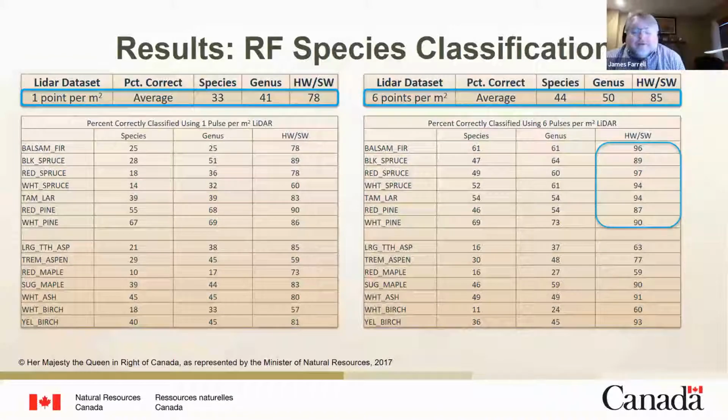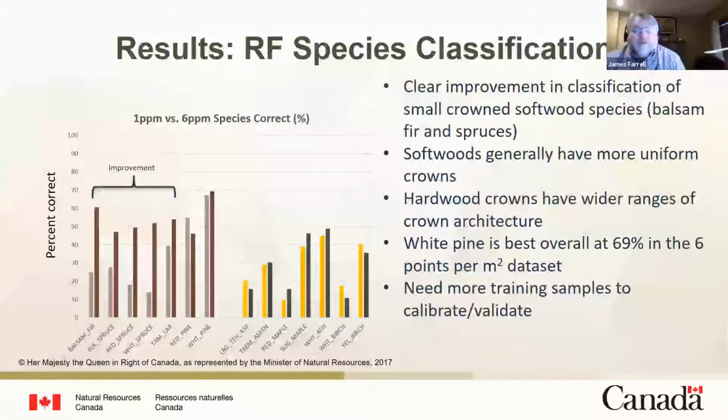But to better understand all this, we need to drill down into the results a little more. On this graph, the species are listed on the x-axis and the percent accuracy of the model on the y-axis. The first bar in each species pair represents 1 pulse per square meter, and the second is 6.